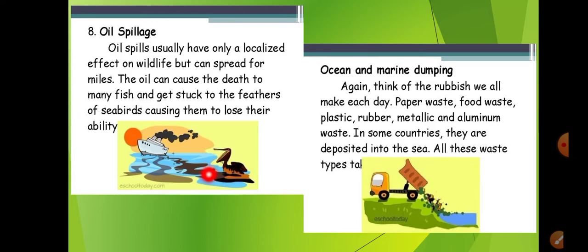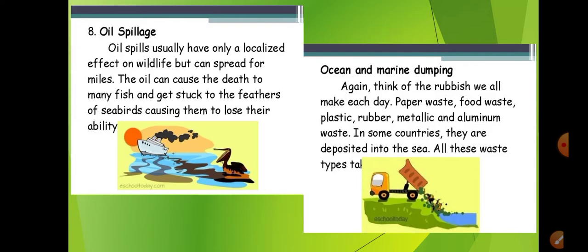Some birds stand on the water bodies, like the cranes we have seen. If they are standing there and an oil spillage takes place, the feathers of these birds get caught with the oil, sticking to their feathers and causing them to lose their ability to fly.